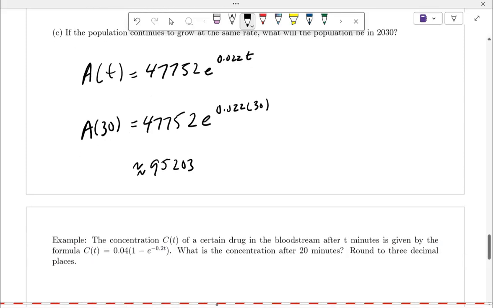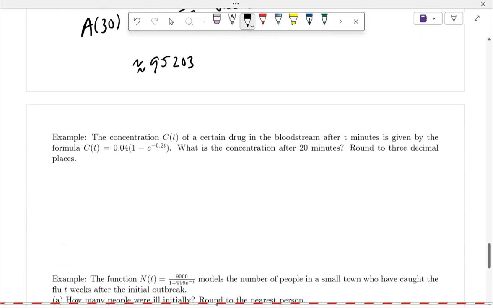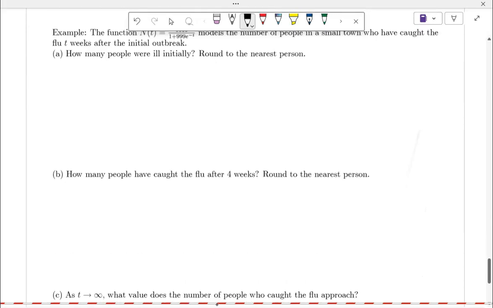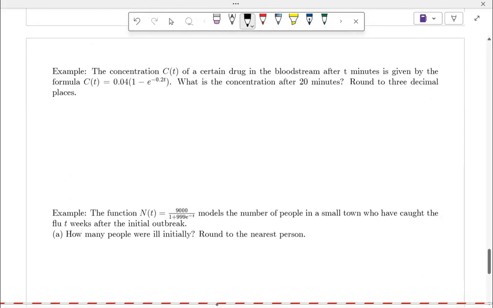All right. So let's do a couple more examples. These last couple of examples on the last page here are doing some modifications of exponential functions. What I mean by that is we still have exponential functions that are pieces, but they're not written as that general exponential function that we have.